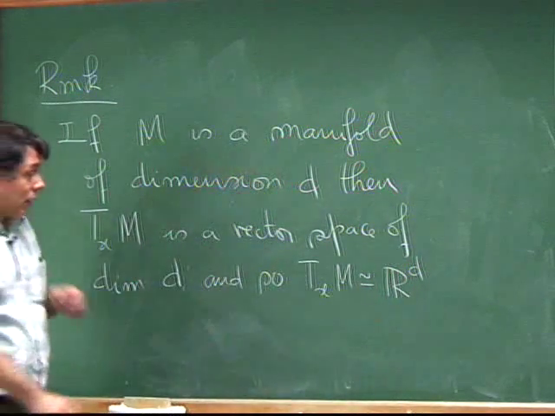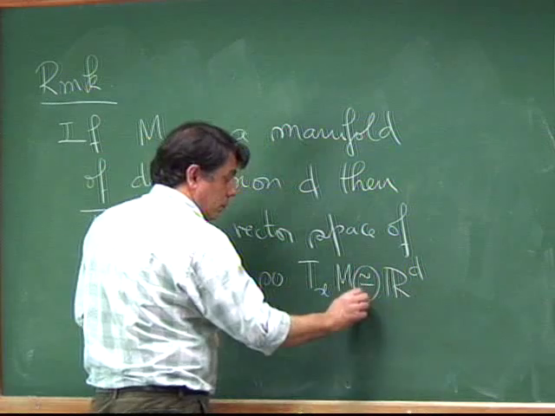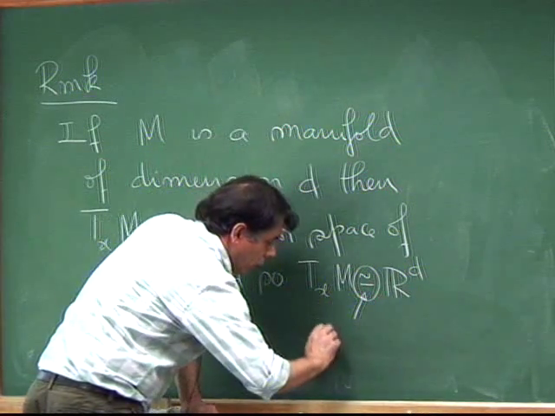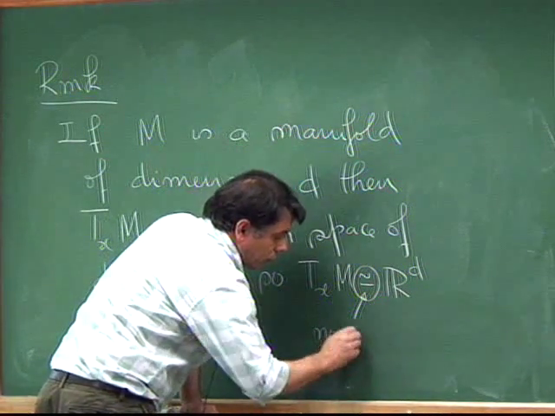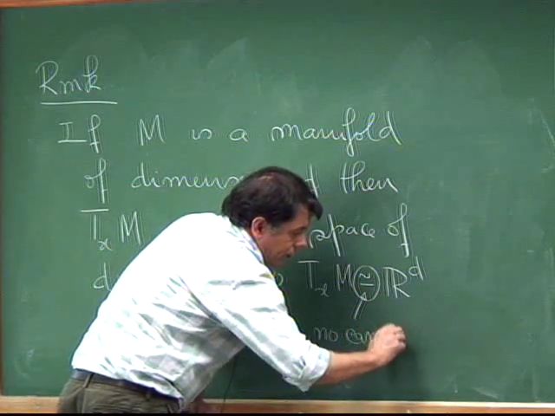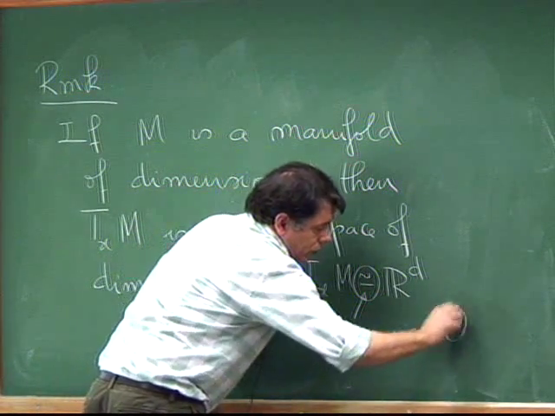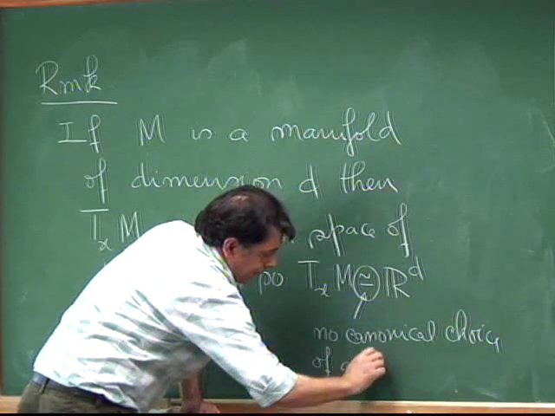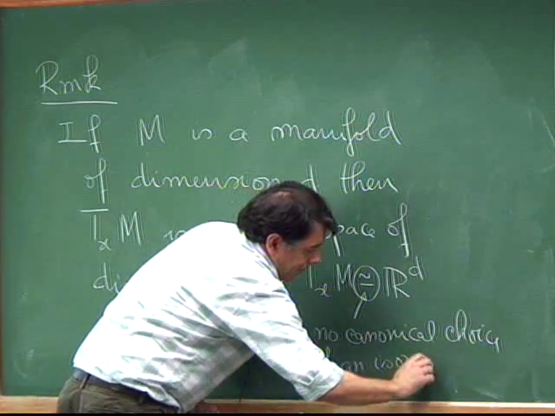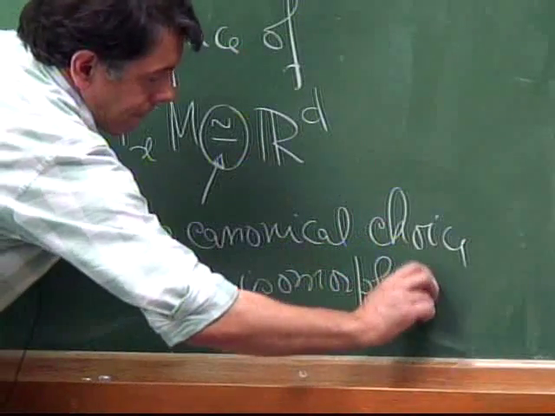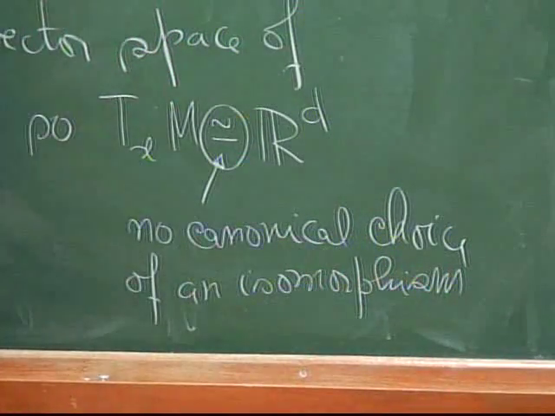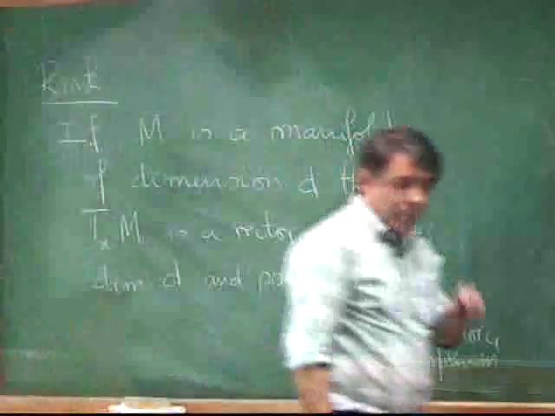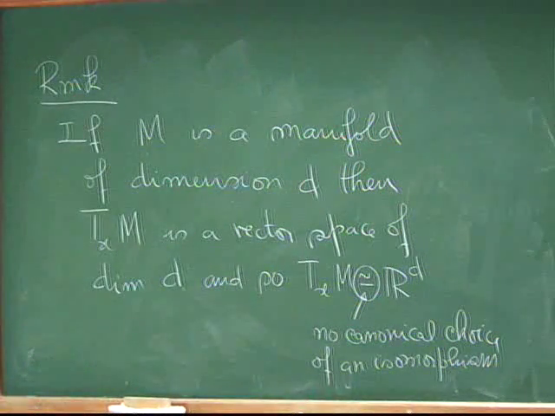However, in general, there's no natural, no canonical choice of an isomorphism. There's no rule for choosing one isomorphism or the other.